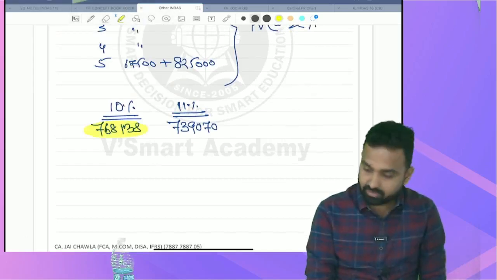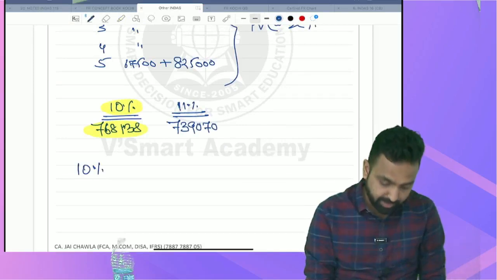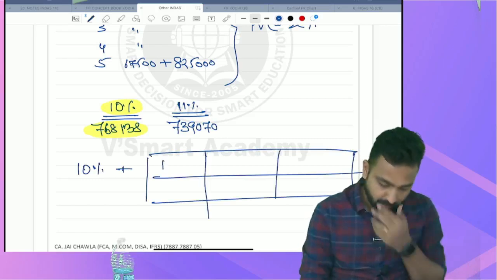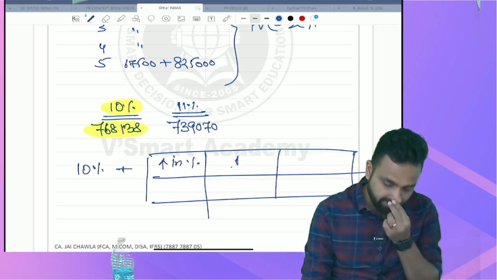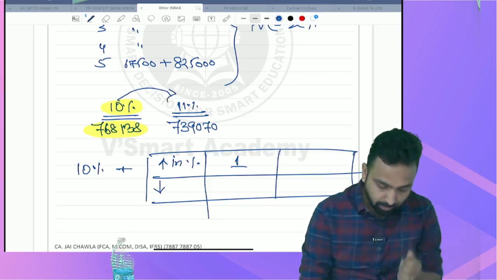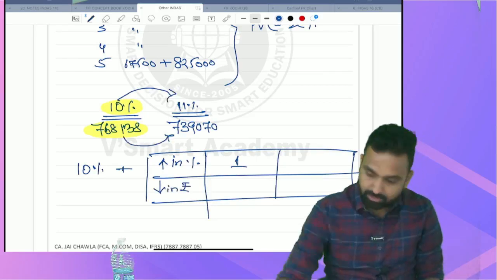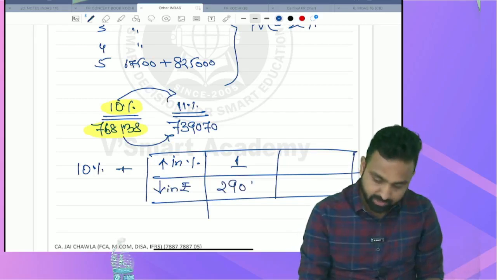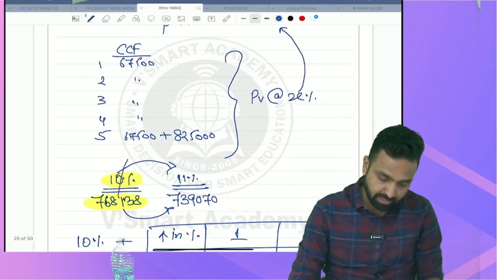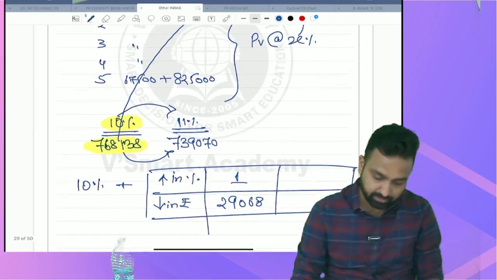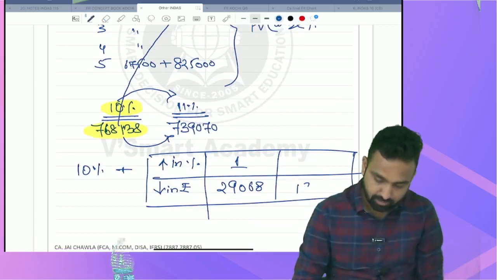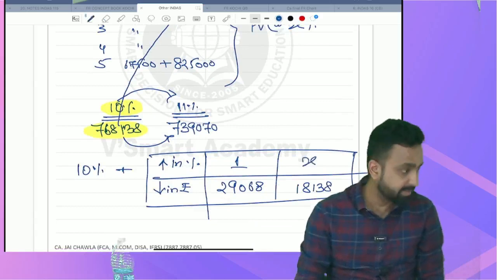So take this as a base. It's 10% plus an increase in percentage by 1, from 10 to 11. Decrease the amount. How much does the amount decrease? 29068. I want to decrease the amount from 768 to 750. That is 18138. So what is the x?